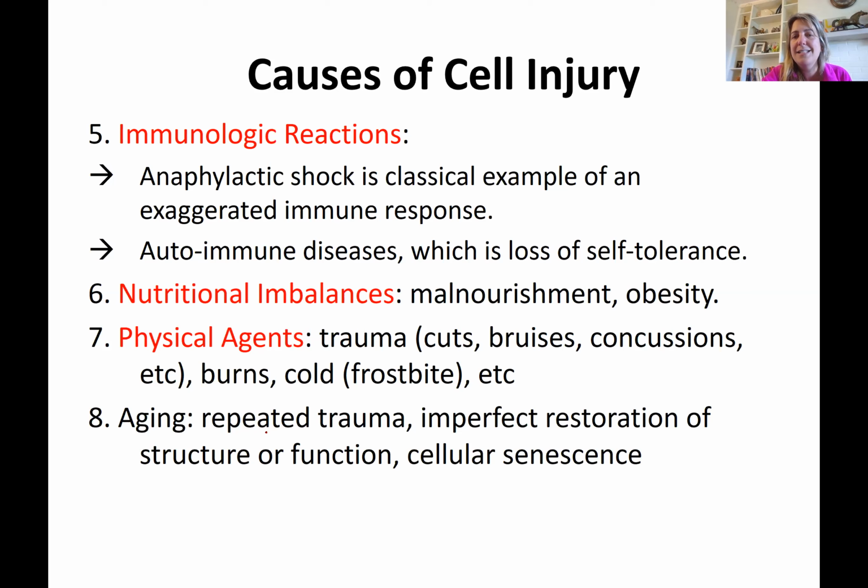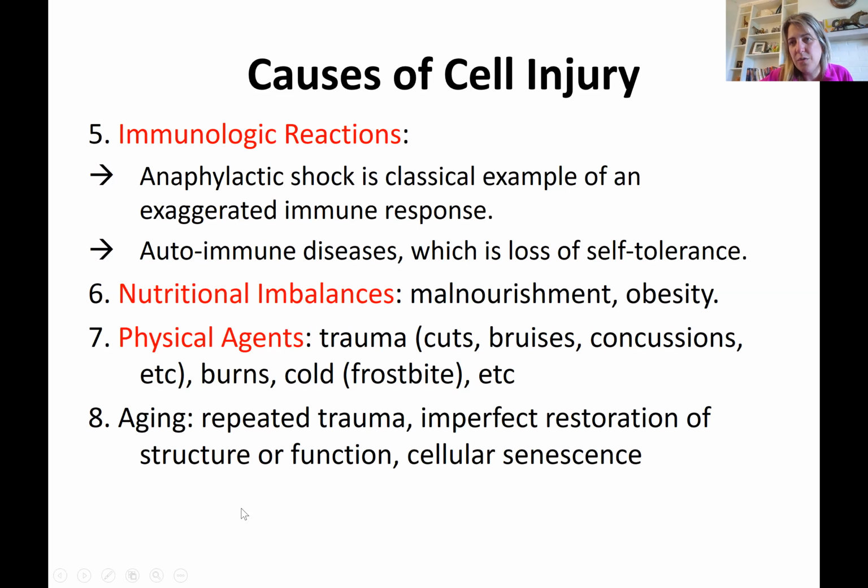Nutritional imbalances, malnourishment, obesity, you guys, it goes without saying. Physical trauma: cuts, bruises, burns, cold, all this physical trauma. A little bit can lead to just a little bruise, like blunt trauma that can bruise a little bit and can be reversible. But if it's too much, it can actually lead to cell death in the area.